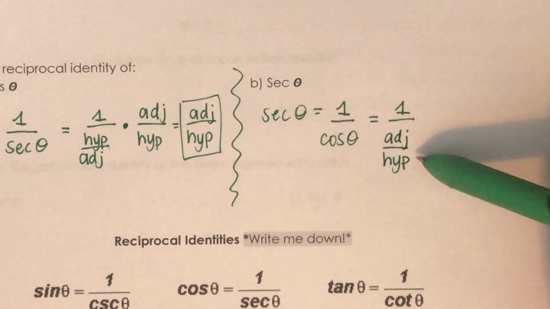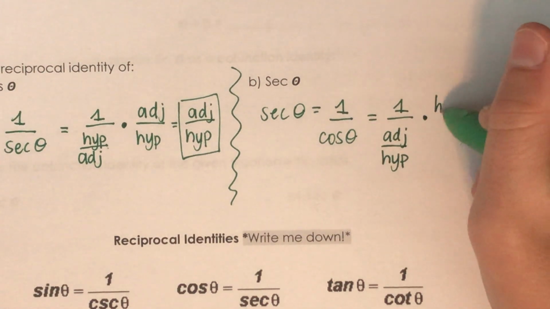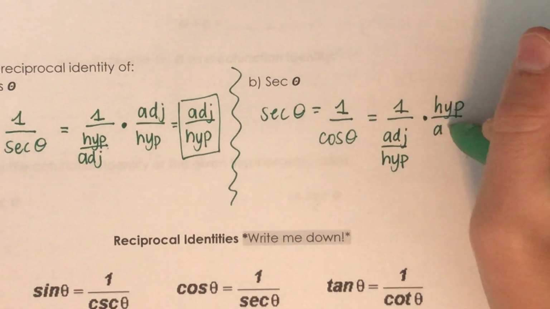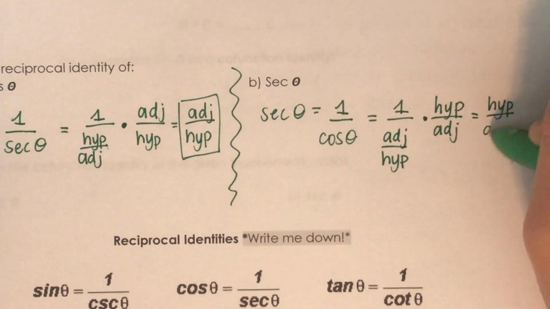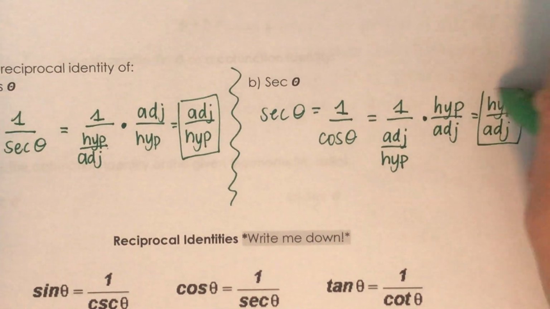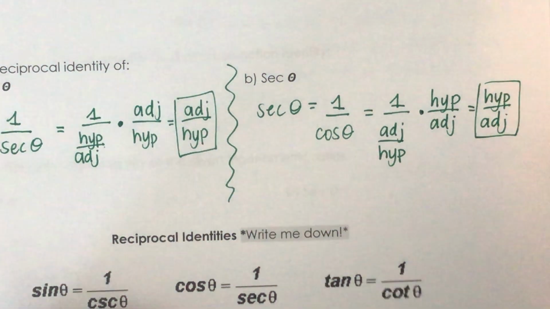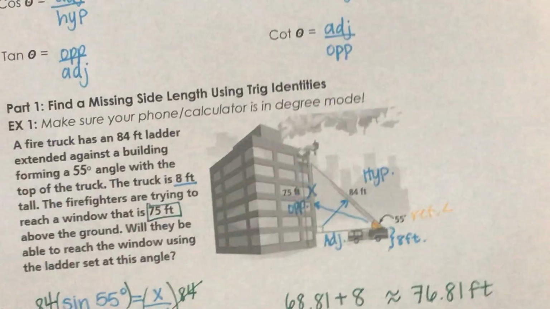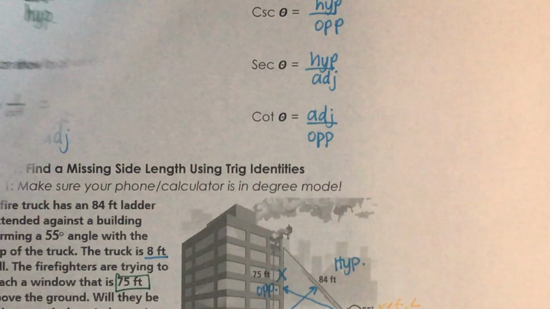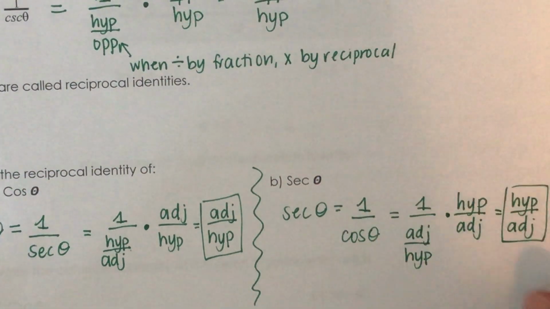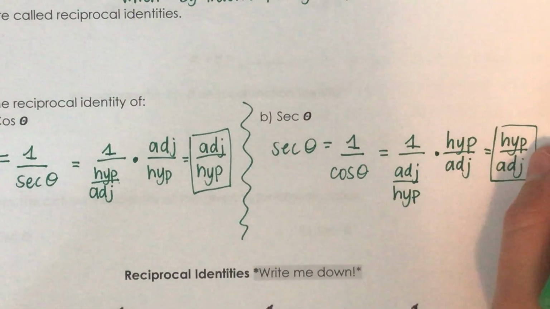If I divide by a fraction, I'm really multiplying by the reciprocal. So I end up getting hypotenuse over adjacent. And secant is equal to the hypotenuse over adjacent, right? And there we go. So I just proved that these reciprocal identities are true.